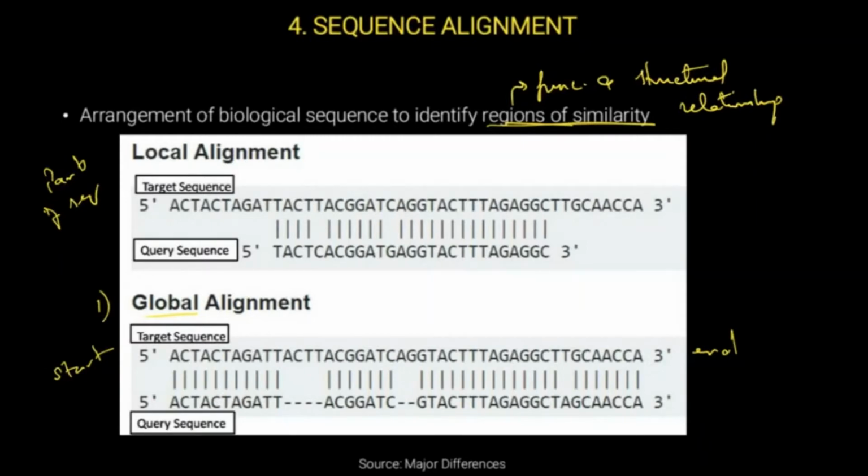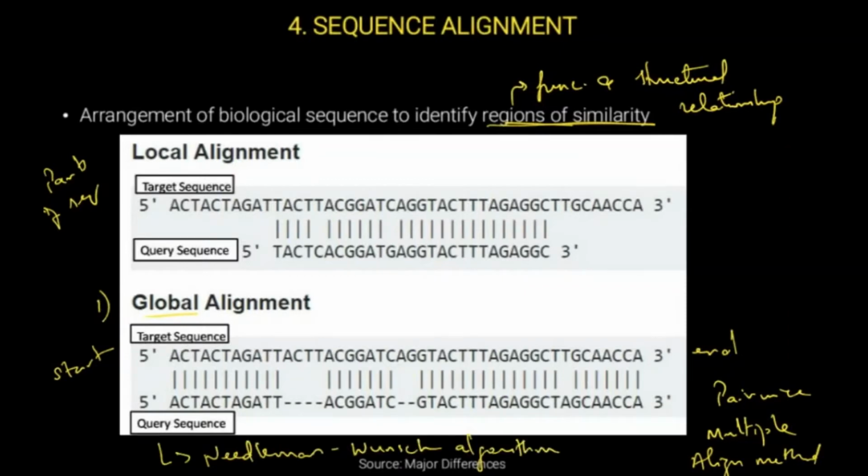Global alignment can be pairwise with a query dataset and a database set, or can be used as a multiple alignment method, aligning all of the sequences in a given query set. The global alignment generally uses the Needleman-Wunsch algorithm, while the latter uses the Smith-Waterman algorithm.